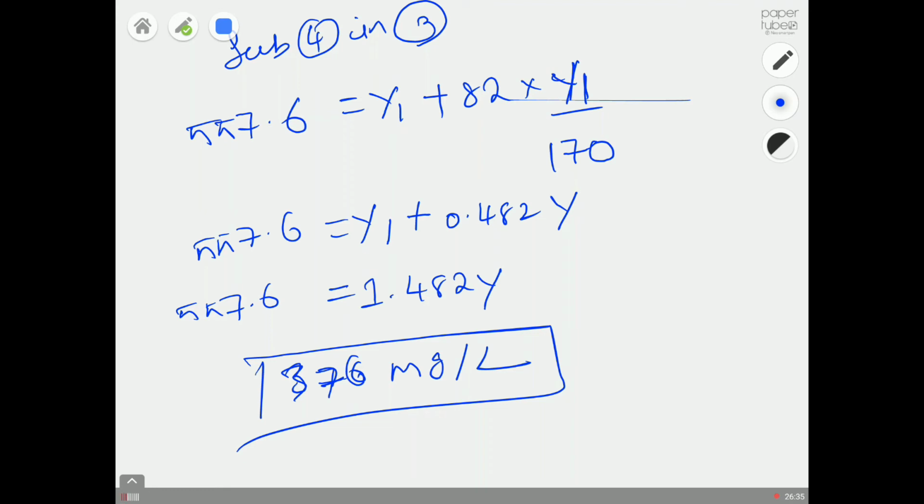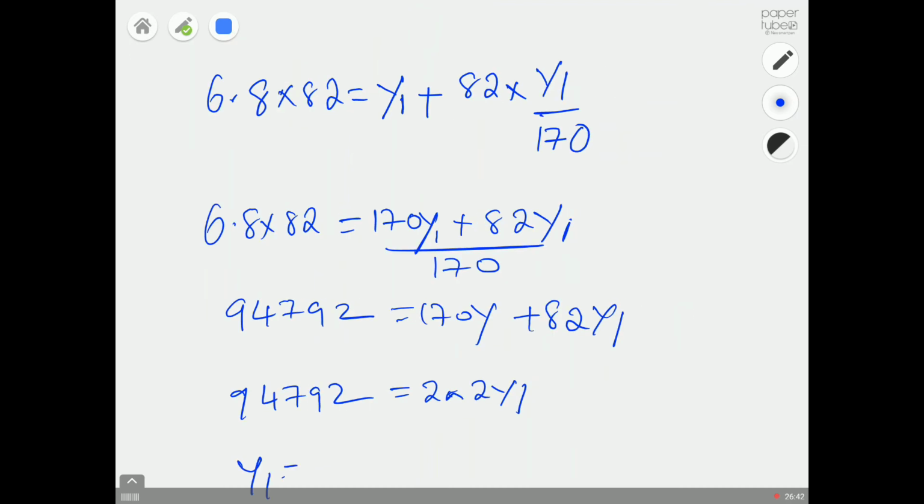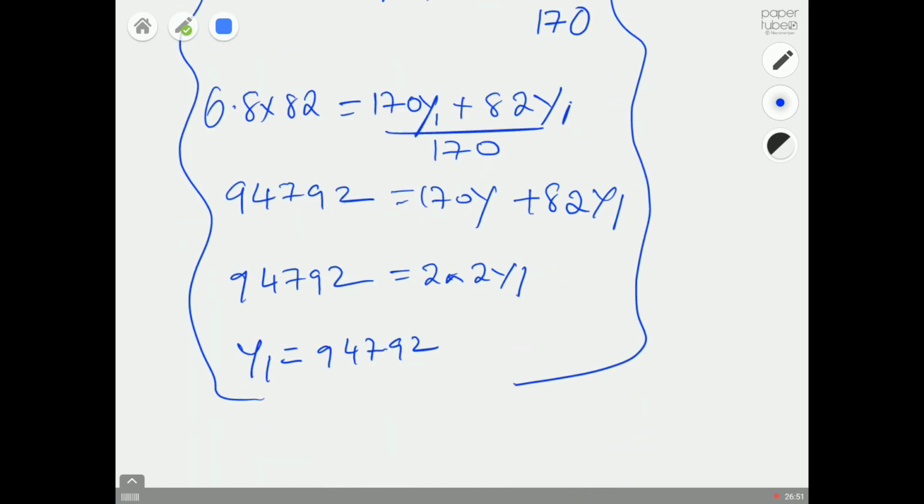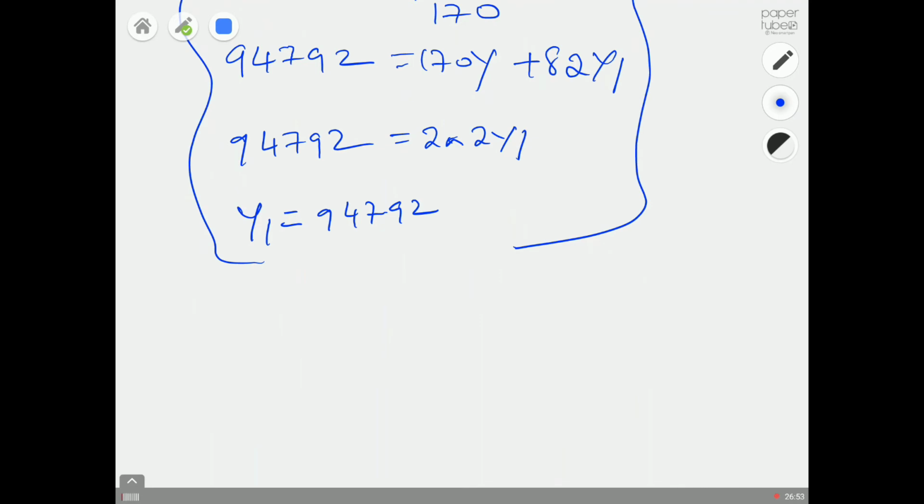So this value is correct. Your concentration is 376 milligrams per liter. I solved it quickly here, so to me the answer is correct. I just checked one more time to make sure we are not making any mistake.